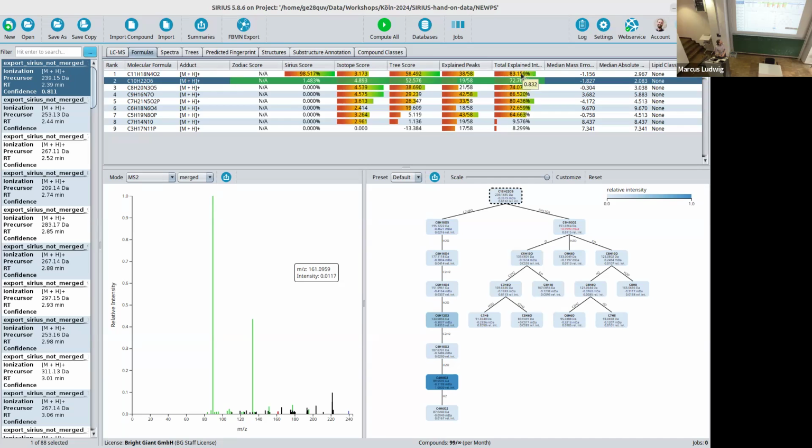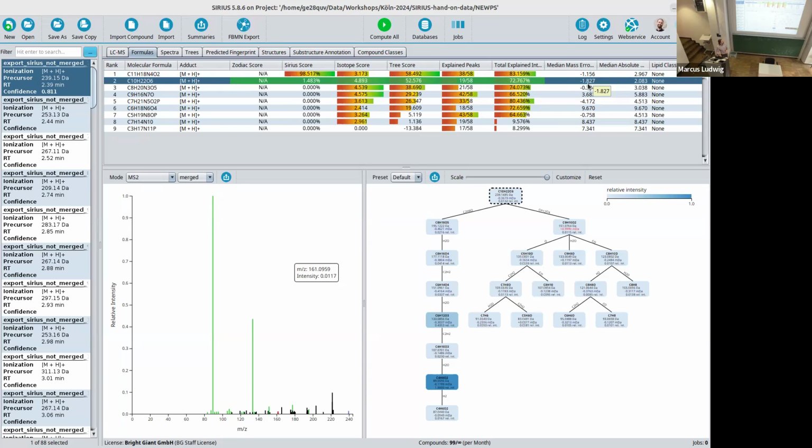The same is then total explained intensity, which is the same as explained peaks, just summing up the intensity, how much intensity is explained, and then also what's the median mass error of the molecular formulas of the fragments and your median absolute mass error.